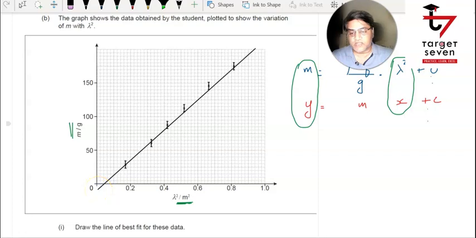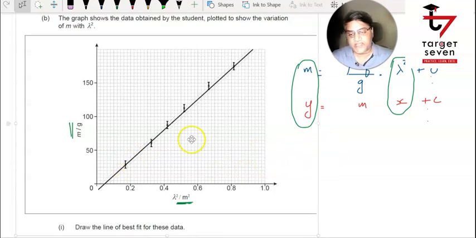So this is what I have done. I noticed that, hey, you know what, this line of best fit is actually not passing through all the data points. So how do I do this? The logic that I generally follow is, I would always try to connect the first data point and the last data point. That will be my primary objective.